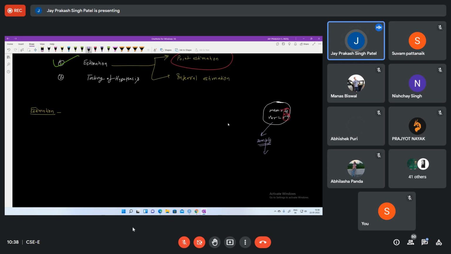And when we use sample observations to find an interval which will contain mu or the variance of the population with certain confidence, meaning with certain probability, 0.95 or 0.99 or 0.90, this is called interval estimation, and the estimator we get is called interval estimate.